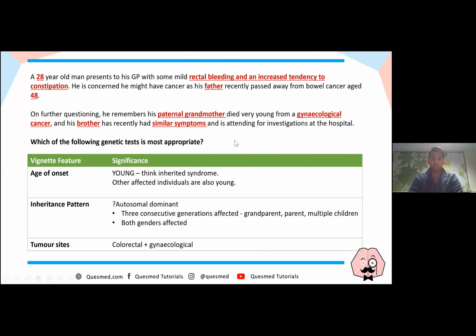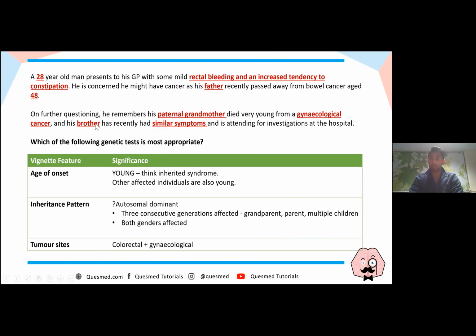And then finally, to figure out which inherited syndrome it is, you need to know the tumor sites that are being affected. So the presenting individual, rectal bleeding, altered bowel habit, suggests colorectal cancer. You know the father it says bowel cancer, and when we say bowel cancer, we generally mean colorectal rather than small bowel or upper GI. The paternal grandmother, it's not specified, but they've had a gynecological cancer.